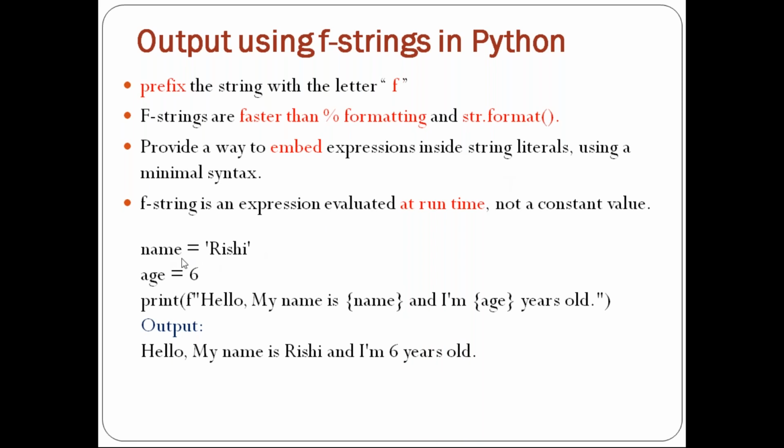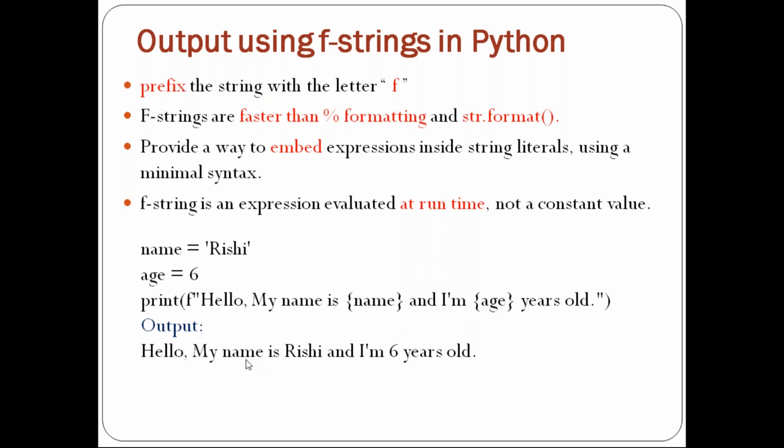Let us say an example: name equals Rishi and age is 6. Here we have written the formatted string. Our string is preceded by the character F. Wherever the variable name is there, its value will be replaced, and wherever age is there, its value will be replaced.